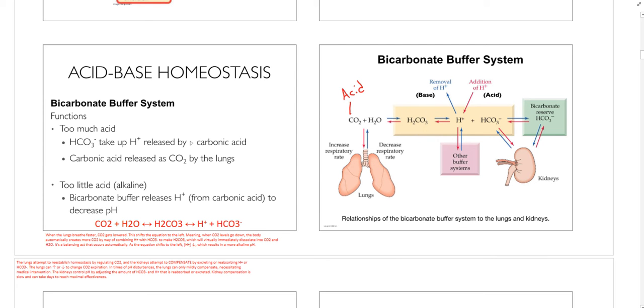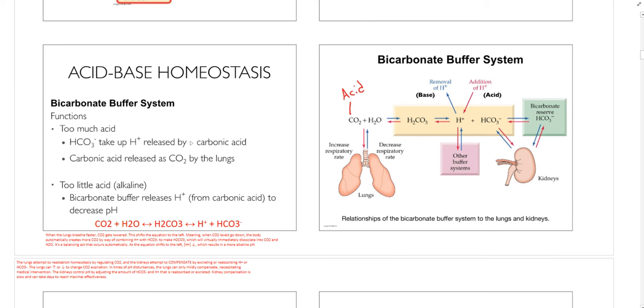And then we've got our kidneys here, and our kidneys have a dual purpose. First, they are actually able to themselves get rid of hydrogen ions in urine. So let's say a person had pneumonia, they weren't breathing well through the lungs, they were retaining CO2, which is an acid, which means that our body is becoming more acidic.